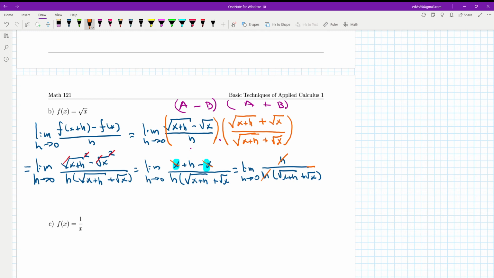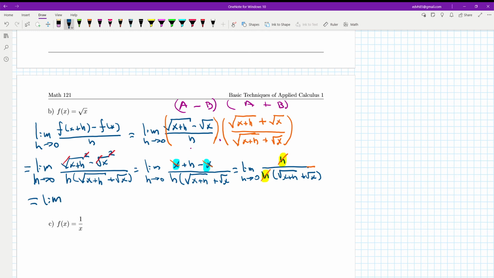And at this point, where we cancel these two h's, we are safe to plug in h equals 0 to compute the limit, because it will no longer cause any trouble of giving us a 0 in the denominator.